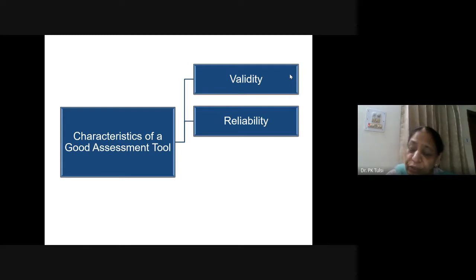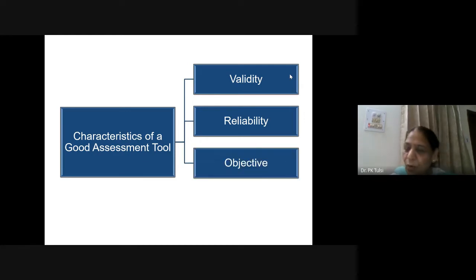Or if there are 2 separate examiners checking the answer scripts, again there has to be high correlation between the 2 sets of scores, which is not happening at present when the students go in for re-evaluation, and we see there are marked differences between the scores obtained in the first evaluation and the second evaluation. So reliability is consistency of scores.